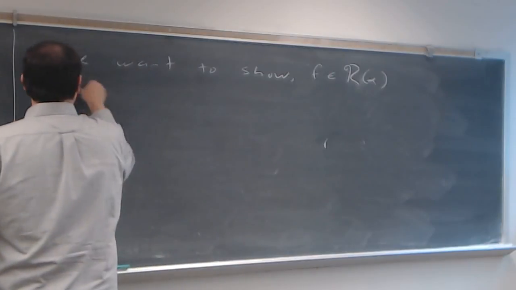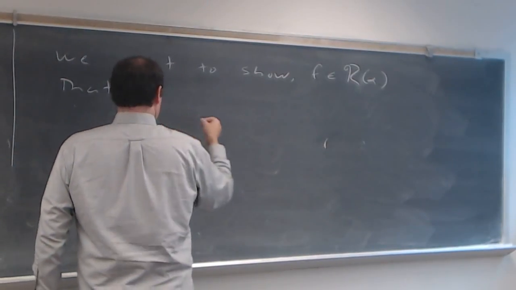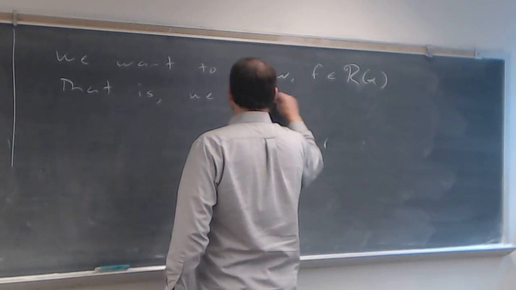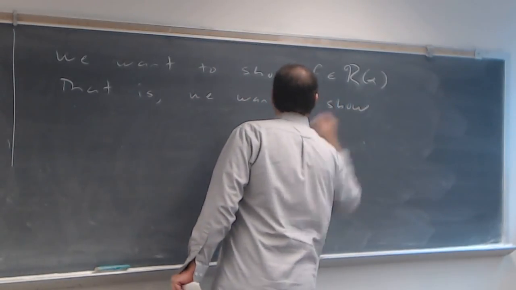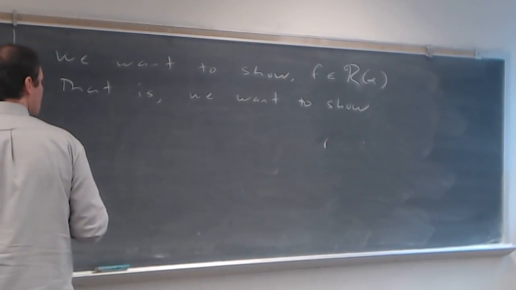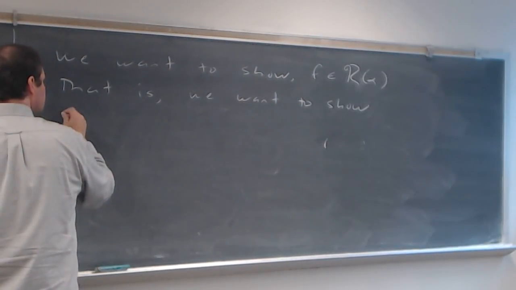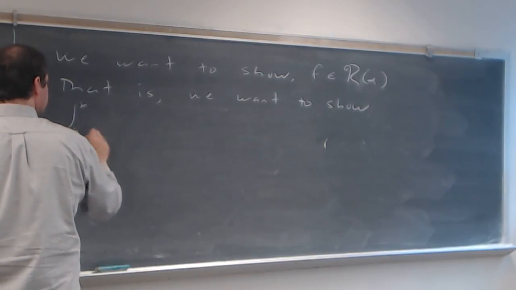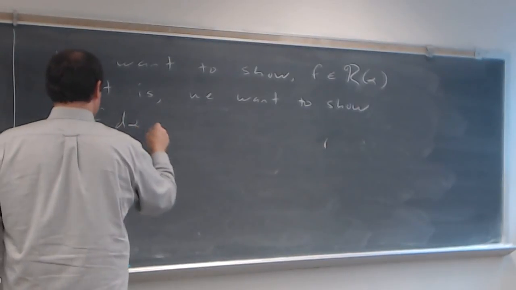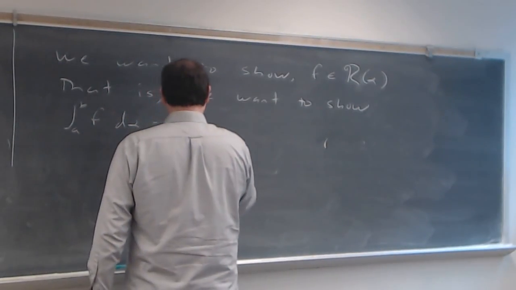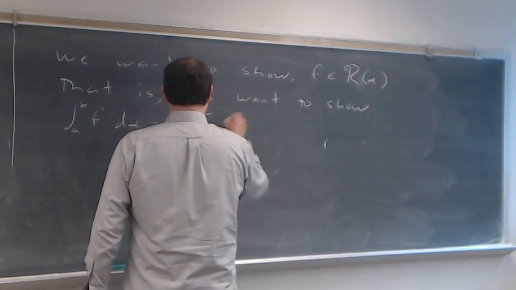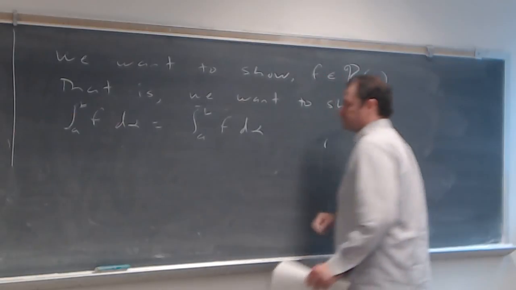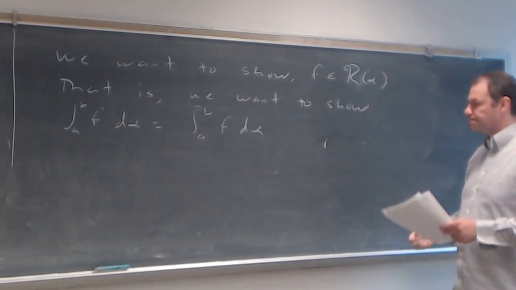The only way we can do that, by definition, at this point, is to show that the lower Riemann-Stieltjes integral of F with respect to alpha is equal to the upper Riemann-Stieltjes integral with respect to alpha. That's what we want to show.